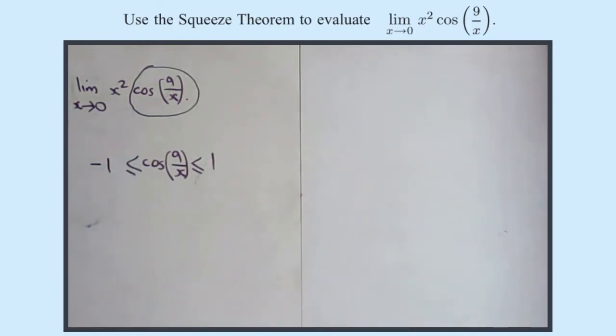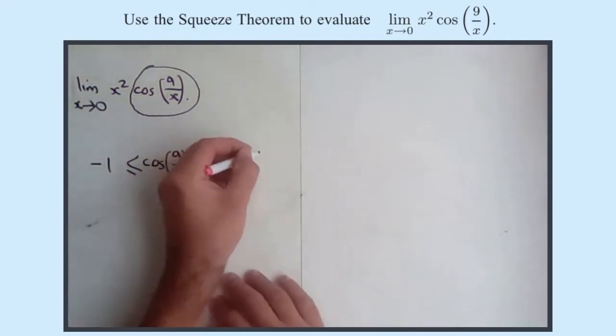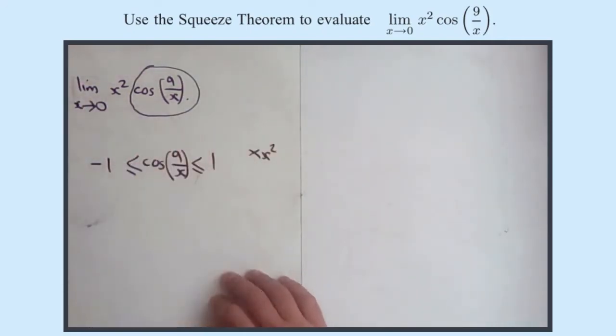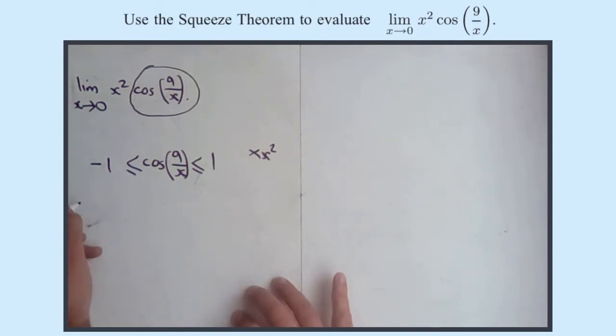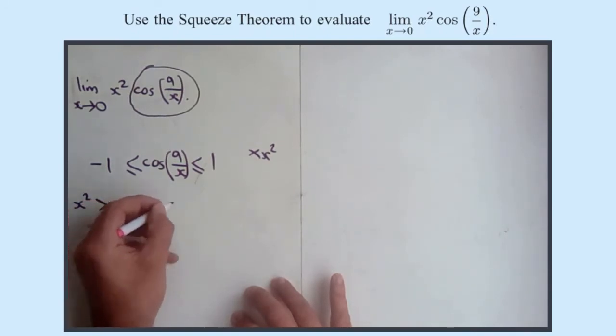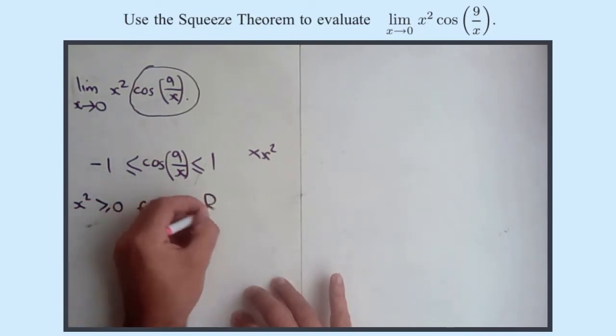Right, so now we're just going to build it up into this function. We're just going to multiply everything by x squared. And if you think about x squared, because you do need to consider whether anything happens with the inequality, you know that x squared is going to be greater than or equal to 0 for all real x, which is quite handy.